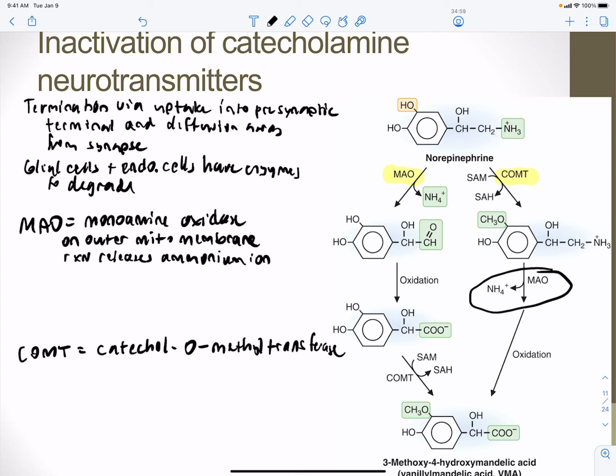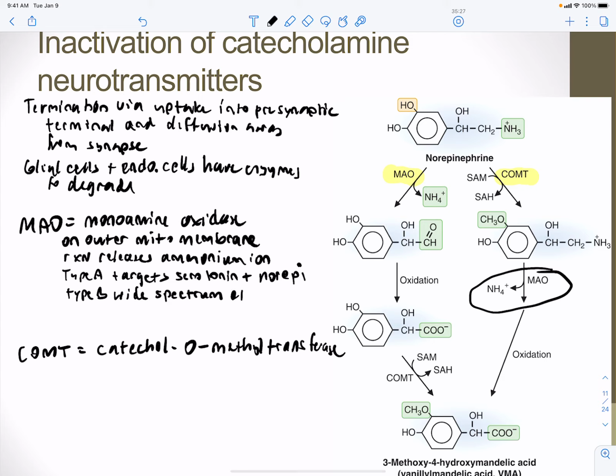You're going to have two isoforms of MAO. MAO A prefers norepinephrine and serotonin. And then you're going to have B, which has a wide range, so it has a wide spectrum of targets. So A is more specific, whereas B is going to be able to break down more of the catecholamines.